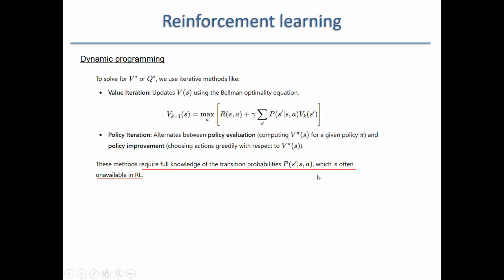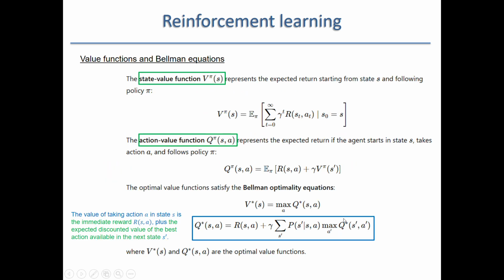To solve for V star and Q star, the best state and action value functions, we can follow this kind of dynamic programming. We define V: we start with some Vk, and then we define Vk plus 1 this way, which is similar to what we had here.